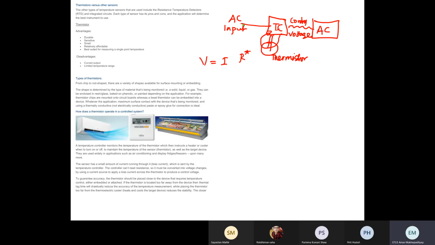Now generally you cannot place the thermistor anywhere. You have to place this thermistor close to the spot whose temperature is to be measured.